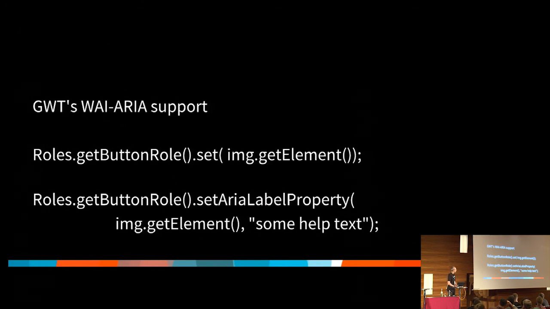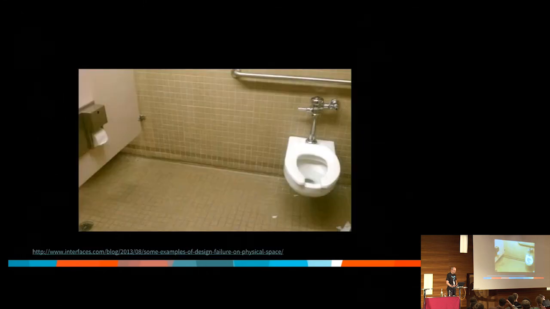And when you select a role, then you can access the properties and states that are defined in WAI-ARIA, and you just provide the element where the attribute should be added and then the value of the attribute. So it's really easy to handle the attributes and also update the states, because everything is done for you and accessible in an easy way.